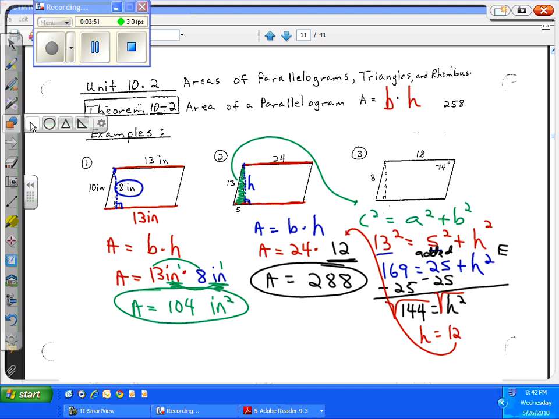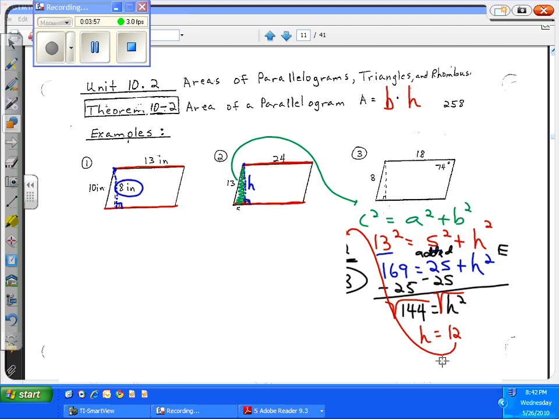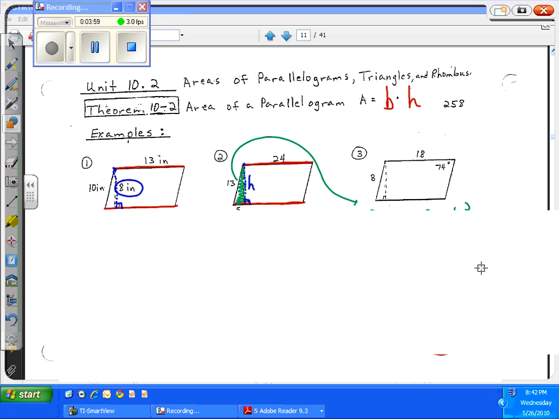Okay. We'll make a little room for number 3. And we're going to write down our formula, area equal base times height.